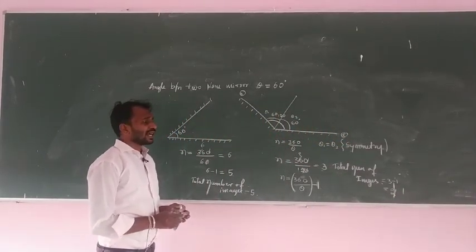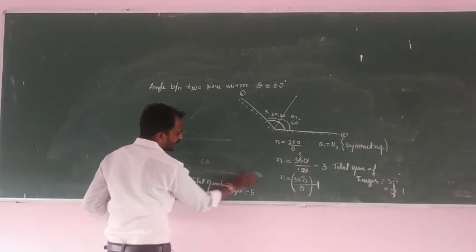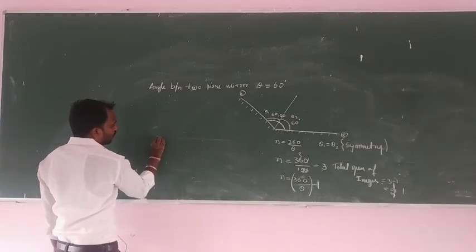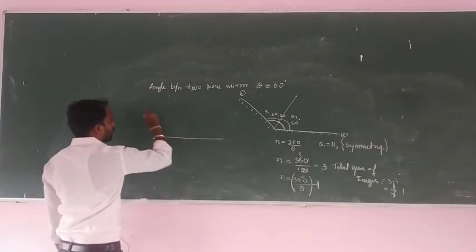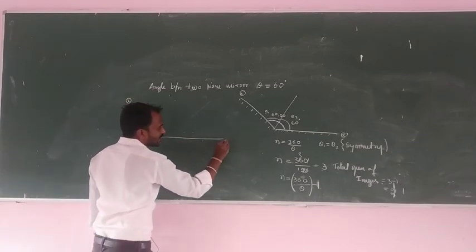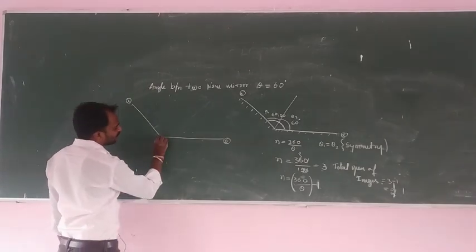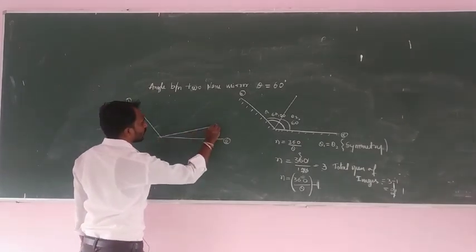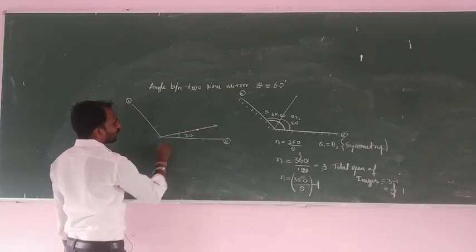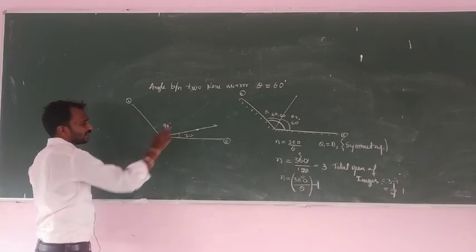Another one is the unsymmetric condition. Suppose here are two mirrors, this one is the first mirror and this one is the second mirror. The object is placed 30 degrees from the second mirror and 90 degrees from the first mirror.